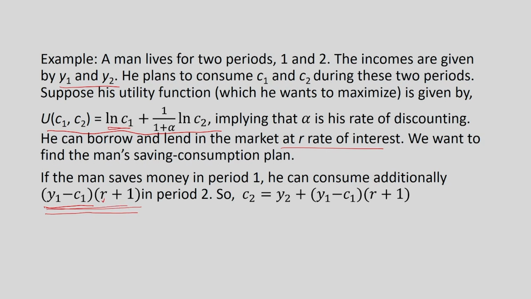And obviously, he will spend that money because there is no third period, remember. He lives for only 2 periods. Therefore, consumption in the second period will be the income of the second period plus the money that he has got back, which is (Y1 minus C1) multiplied by (R plus 1). So, this is the case where he is saving money. What happens if he is borrowing money in period 1?